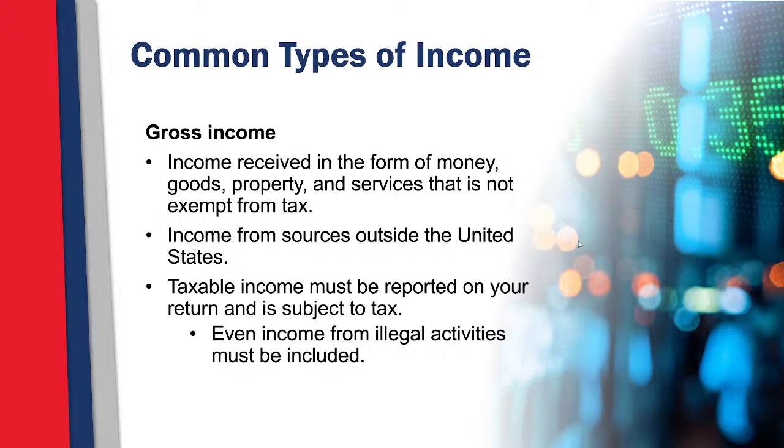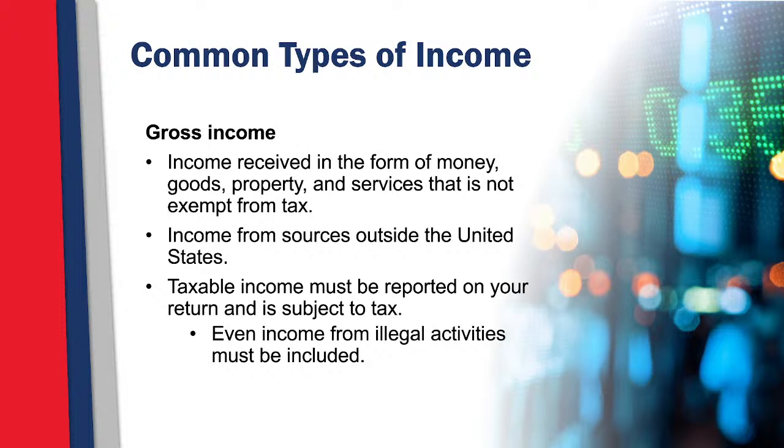Income from sources outside of the United States: as long as you're a United States citizen, it doesn't matter where in the world you make your money, you have to report it and pay taxes on it. But on the positive side, if you already paid some sort of income tax to a foreign country, you get to use that as a non-refundable tax credit on this end. So there are advantages to that.